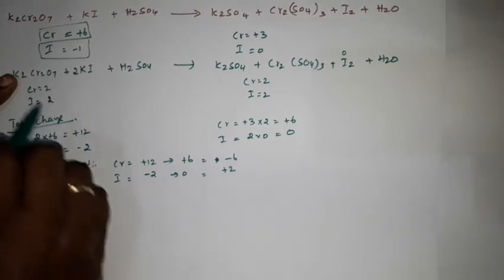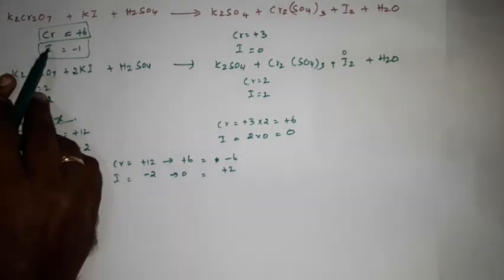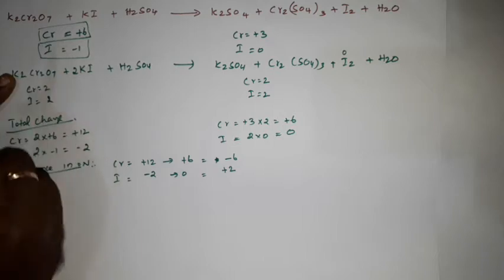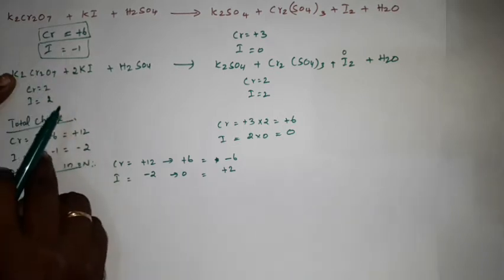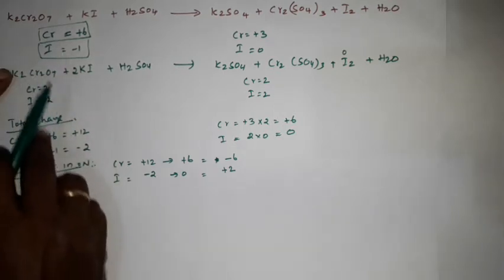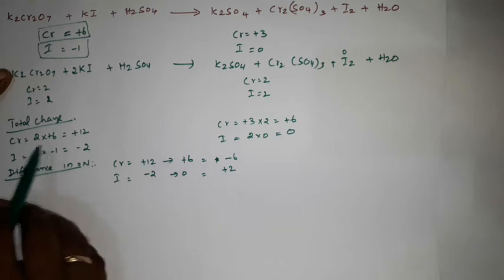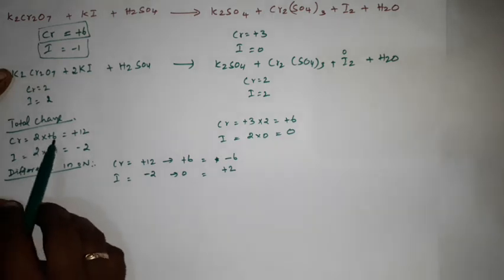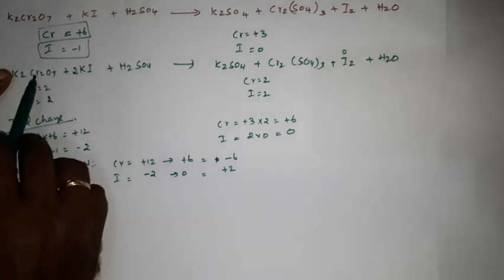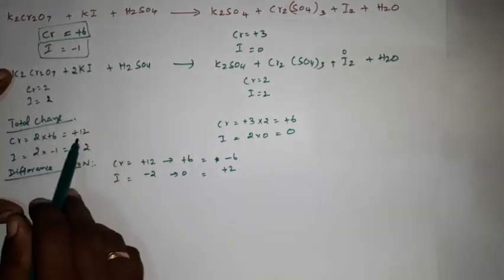You have to see, in step 1 what you did, you calculated for a single atom. After balancing in step 3, after balancing that particular atom, you will get some more number of atoms. That number only you have to use to multiply here. Okay. So 2 chromium atoms, for 1 chromium atom plus 6, so total 2 into 6, plus 12.